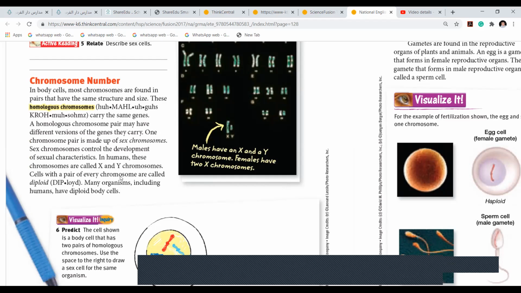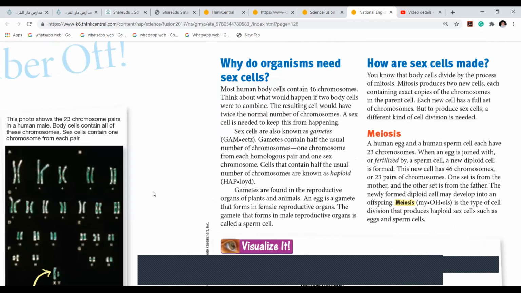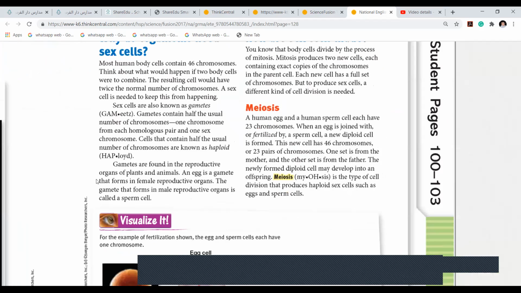Cells with a pair of every chromosome are called diploid. Every pair, the cells are called diploid cells because there are two sets. Many organisms, including humans, have diploid body cells. Now coming here, how many chromosomes do you have, Vateen? I told you. Malak, how many do you have? What is the number?